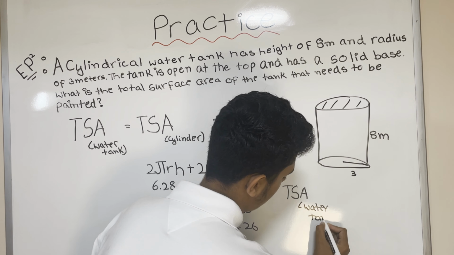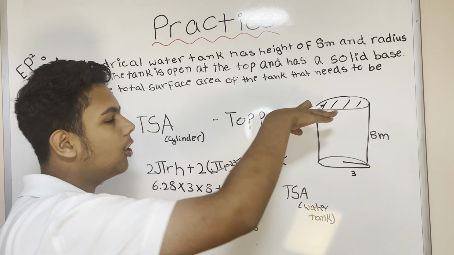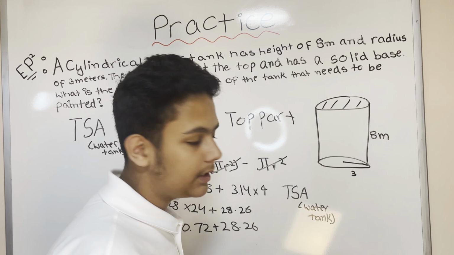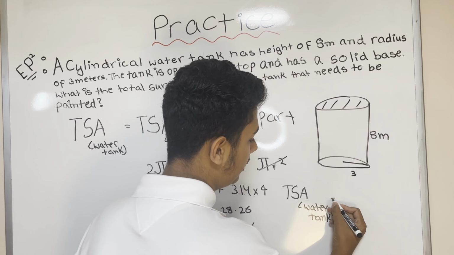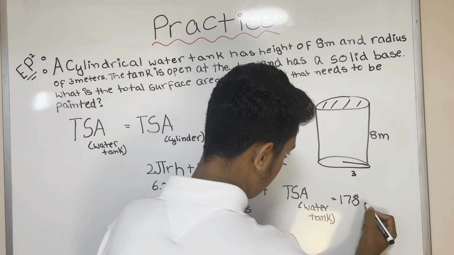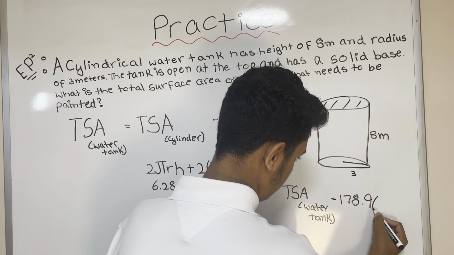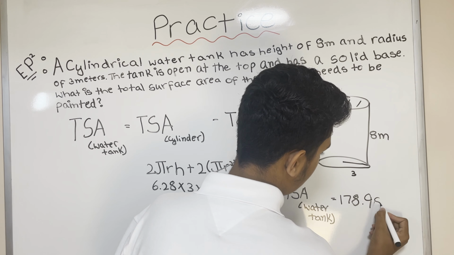which is our total surface area for water tank. Remember, not the cylinder, because we already subtracted the top part, which is not getting painted. So the total surface area of water tank that needs to be painted comes to 178.98.